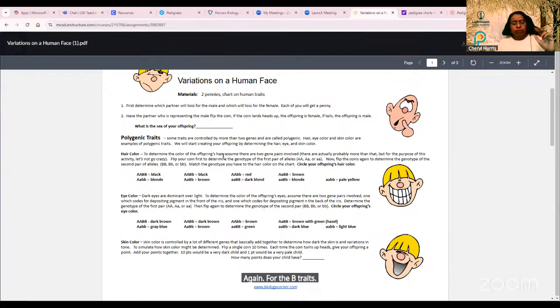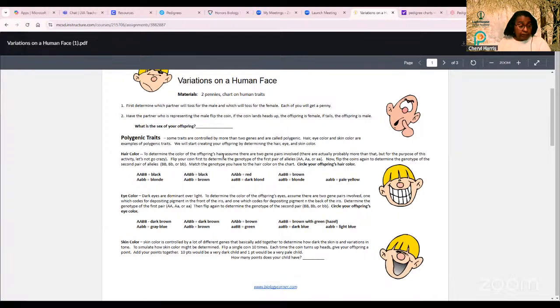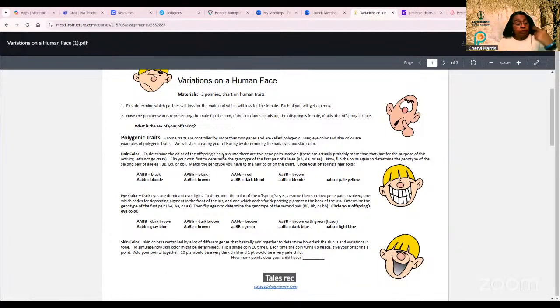So you had to flip that coin basically four times in order to get the genotype for hair color. The first flip might have been heads, meaning capital A. Capital letters are heads, recessive letters are tails. So whatever you flipped, that's the letters you should have gotten.